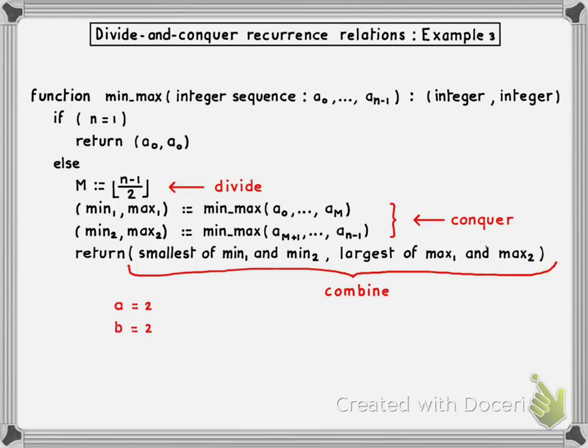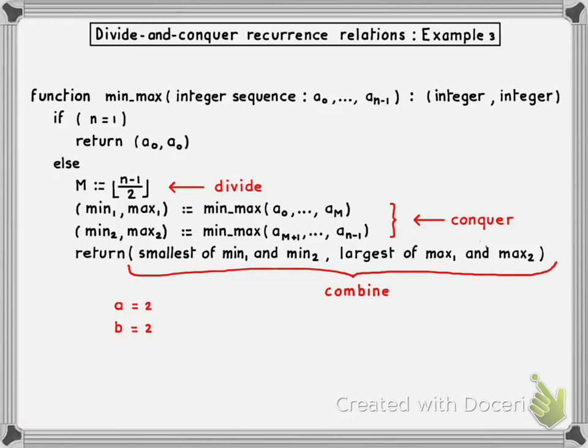And then we look at the runtime of the divide step. That's constant time that does not depend on the value of n. And similarly, the number of operations performed in the combine step is also constant time. You basically have to do a comparison and an assignment for the first half of the answer, and then a comparison and an assignment for the second half.